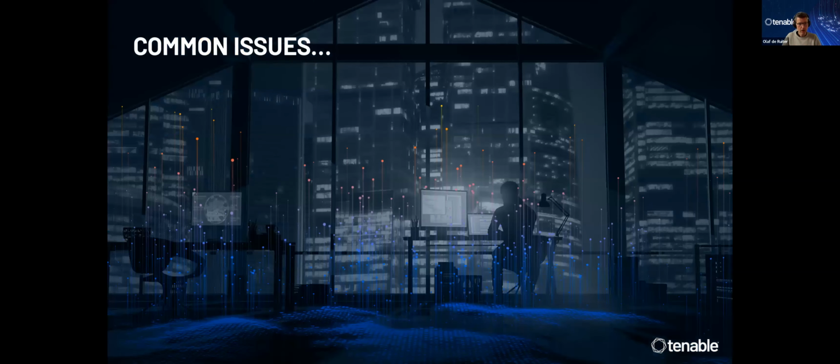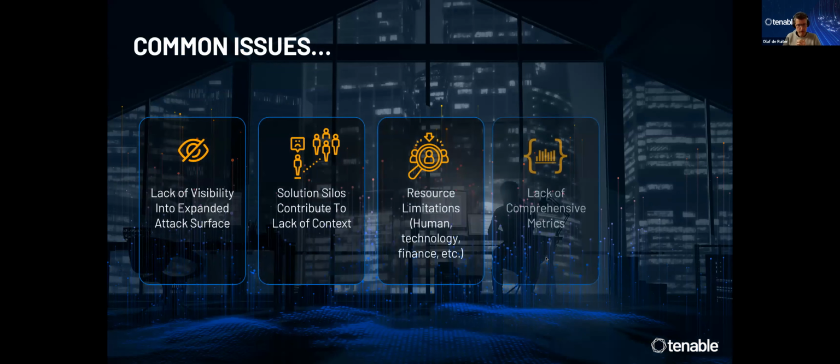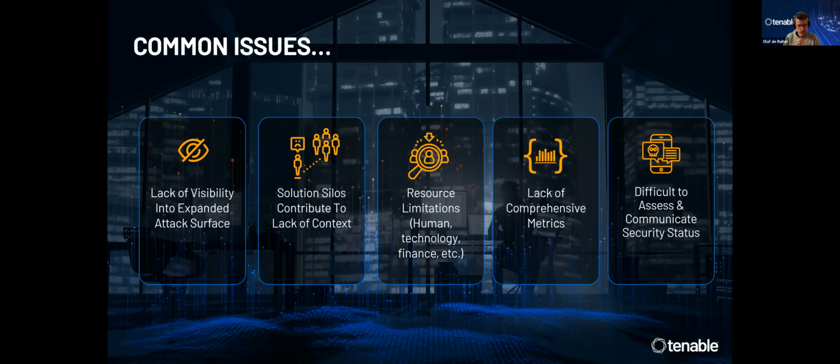A lot has changed in the last 25 years with the upcoming of cloud and the different ways of consuming IT. So the attack surface has greatly expanded, and the issue at the moment is getting full visibility on the entire attack surface. There are silos, and having the ability to combine the data from those silos to give one complete view is lacking.